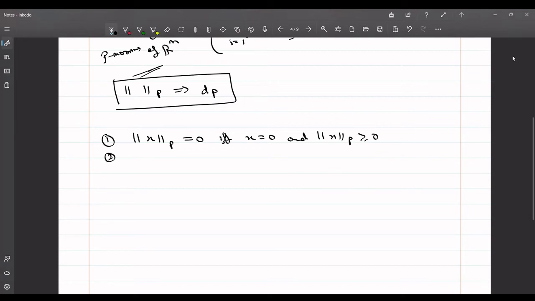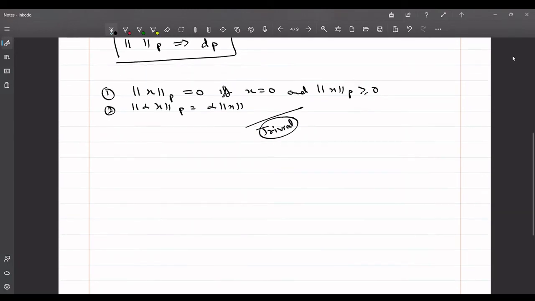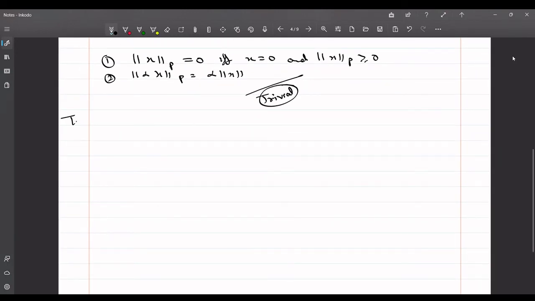This property and the scalar property, norm of alpha x equals alpha times norm of x, you can do on your own. What we are mainly concerned about is proving the triangle inequality. Whenever you need to check whether a defined function is a norm, the main concern is to prove the triangle inequality. The other two more or less become trivial.